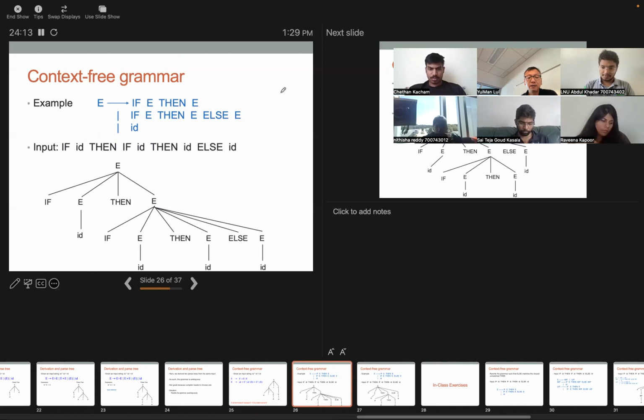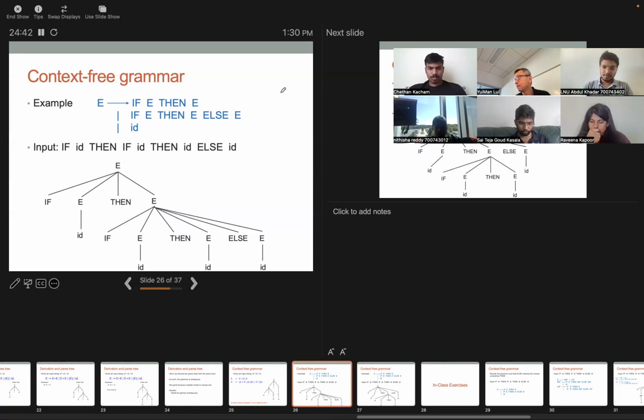Everything starts from a root, right? So E is a starting symbol, only one production rule. I can choose if E then E, where the first E is going to be ID. The second E, I choose if E then E else E, and then all the E will be replaced by ID, which matches the input, right? Do you agree?